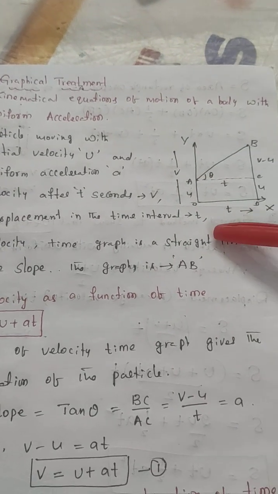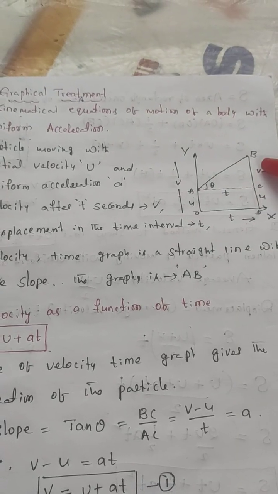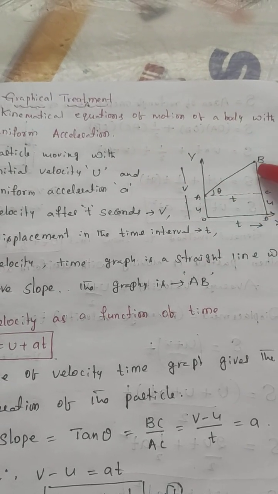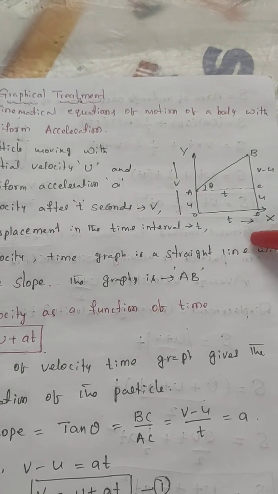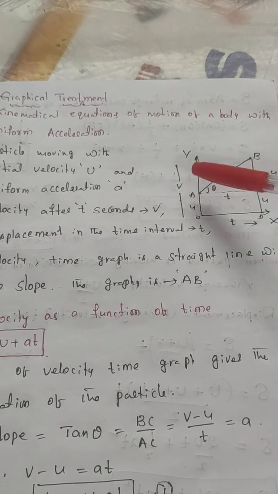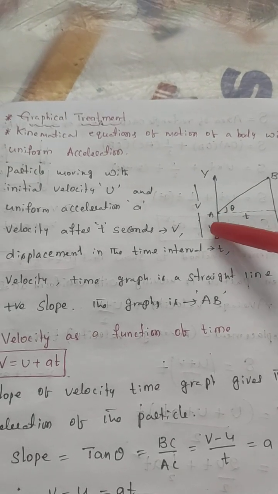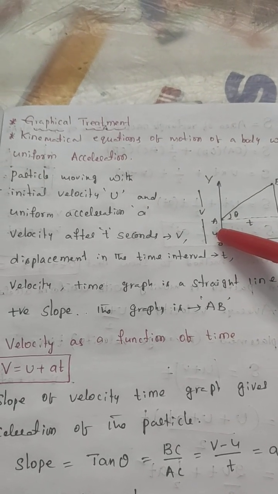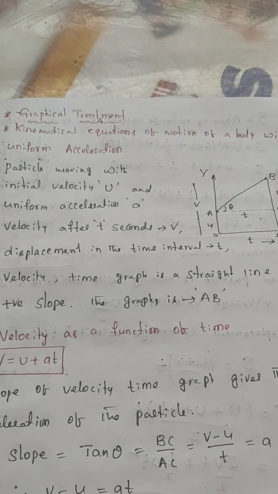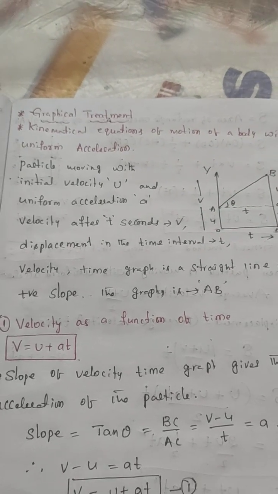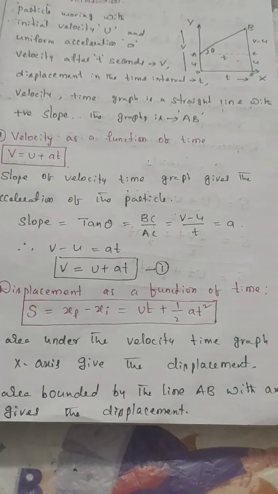At that time, in the graph a straight line AB will come. Whenever we draw a velocity and time graph, we take time on the x-axis and velocity on the y-axis. The body already has the initial velocity u. Using this graph we will prove the equations of motion one by one.